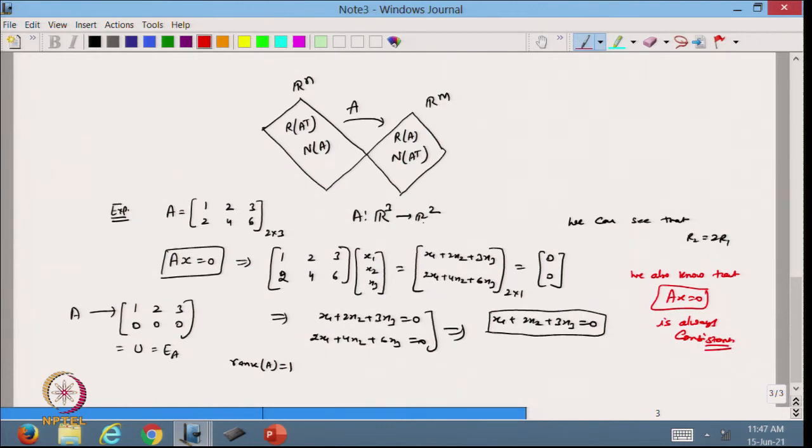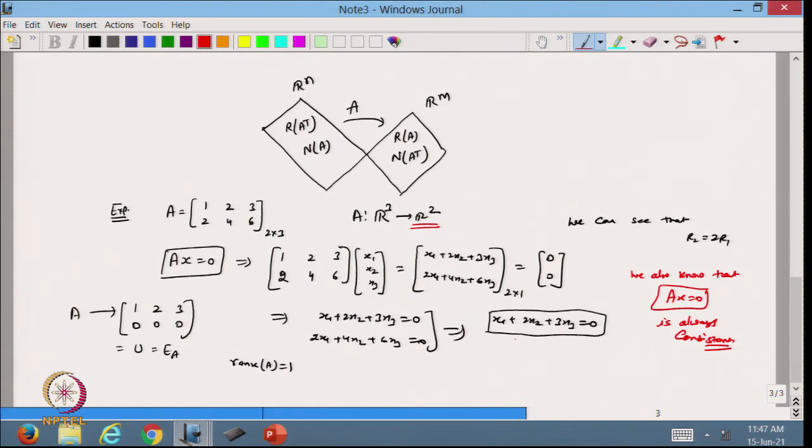Because I know that the 0 element is always there in R2, because that is a vector space. I am taking the image of A, which is just the linear combinations of the columns, and that is equal to 0. So 0 is always there in any subspace. So it is consistent and the rank is 1, so it will have infinitely many solutions.